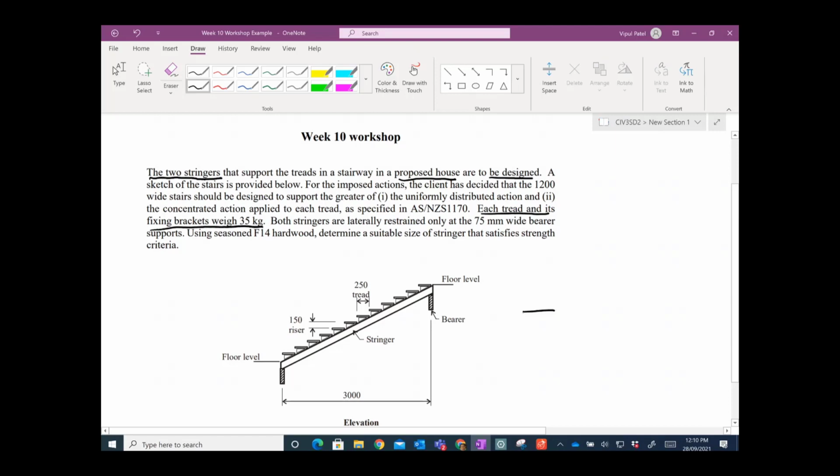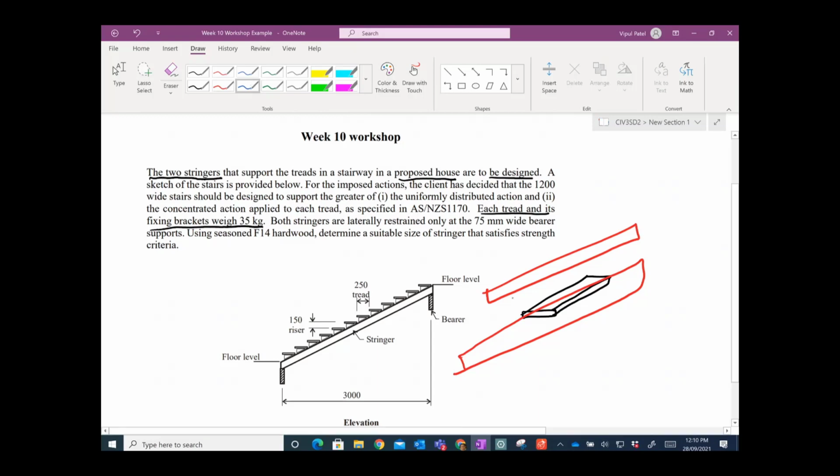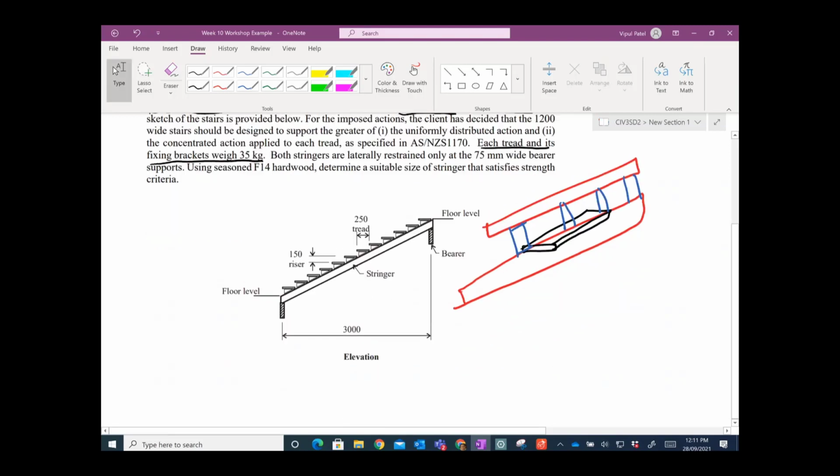So if I draw these treads, and we have these stringers, there are treads and there is a stringer here as well, and in between you have these treads, right? That's how you are climbing. So each tread is 35 kilograms. That's the weight of your treads.